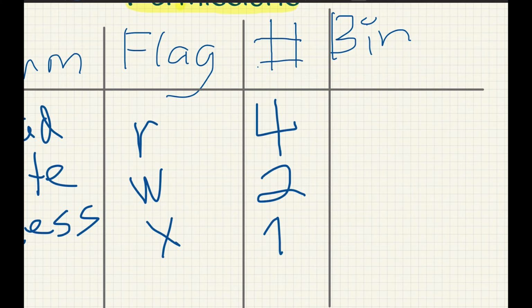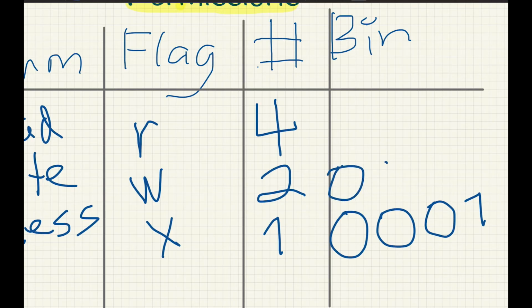Okay, so if we convert the number 1 to binary with 4 digits, we will get 0, 0, 0, 1. Okay? If we convert the 2, we will get 0, 0, 1, 0.